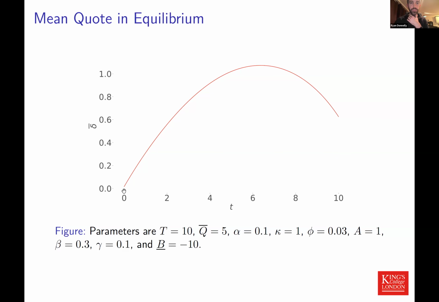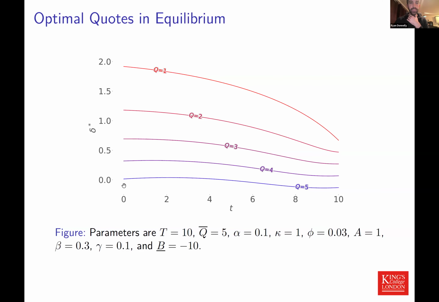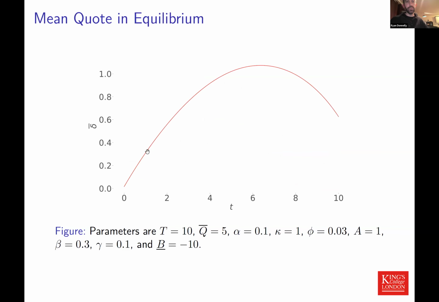Of course it starts at something very low, because at time 0 everybody is quoting this price, since everybody is at the maximum inventory level. But then through time, a representative agent will jump up to the next inventory level. And across the population, there's a flow of agents into smaller inventory levels. And so the average price quoted in the market is going to go up.